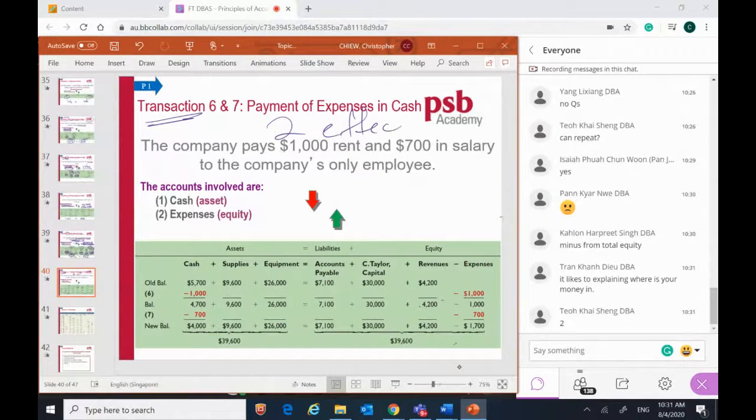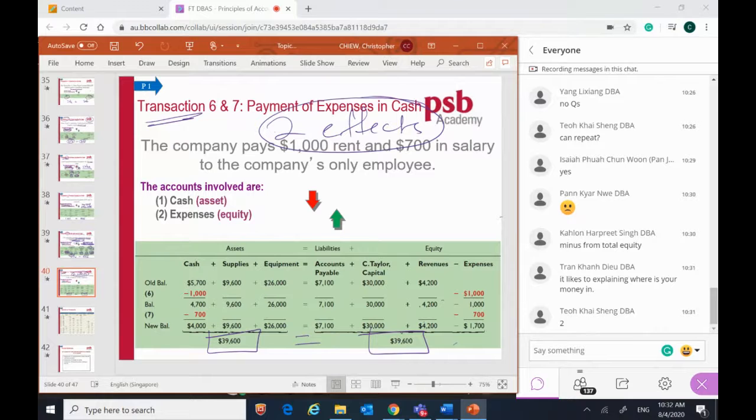Okay, double effect. Every transaction will affect two items in your accounting equation. But whatever the impact, whether it goes up or goes down, the accounting equation must always remain equal. Okay, this is the main thing that we are learning here. Any questions?